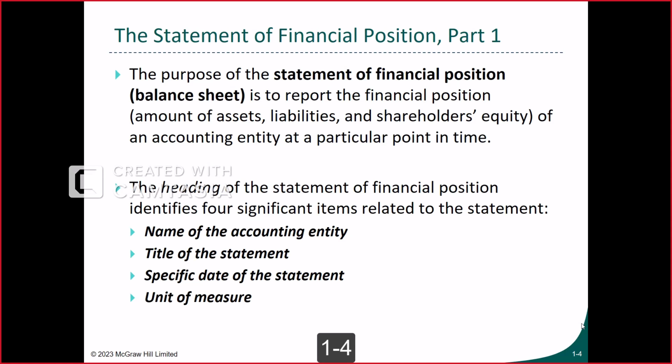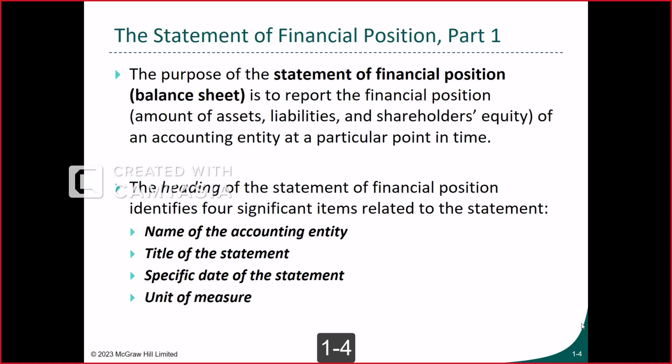So it presents at a specific date the financial position, which means the assets from one side, and from the other side the liabilities and the shareholders' equity. The assets are, as I said, the economic resources the company used to generate revenue, and the liabilities are the external financial debt.